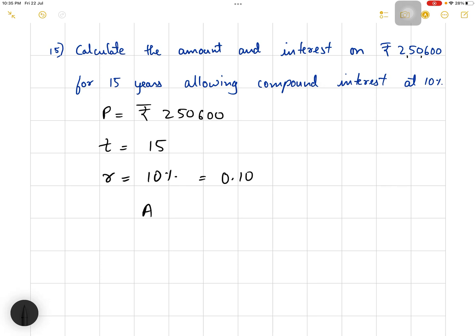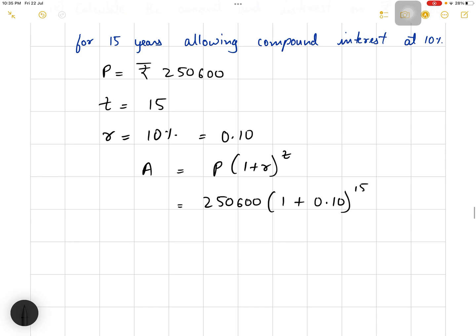Let us find amount first. Amount is equal to P into 1 plus R raised to N or raised to T. P is 2,50,600. 1 plus R is 0.10 raised to T. T is 15 years.